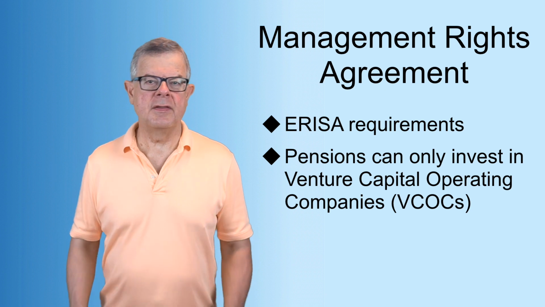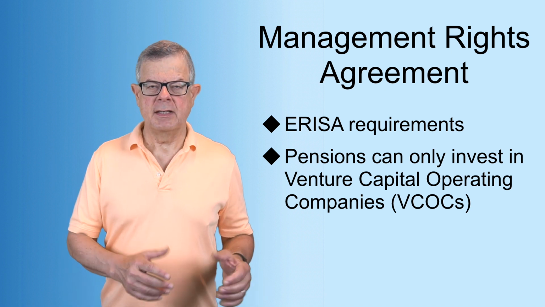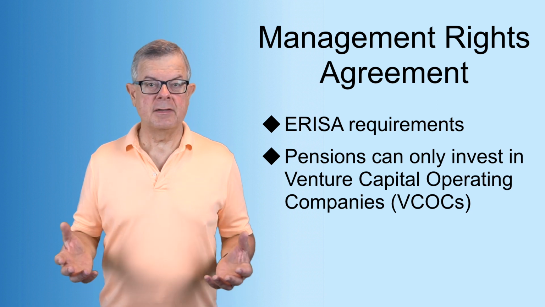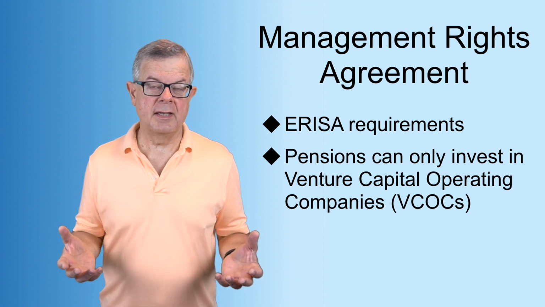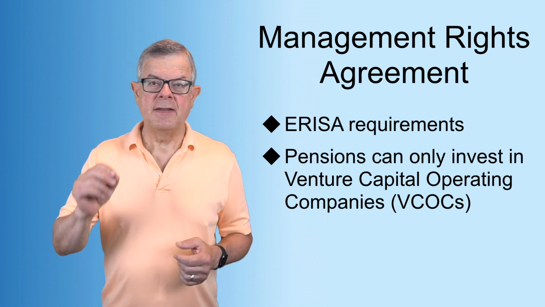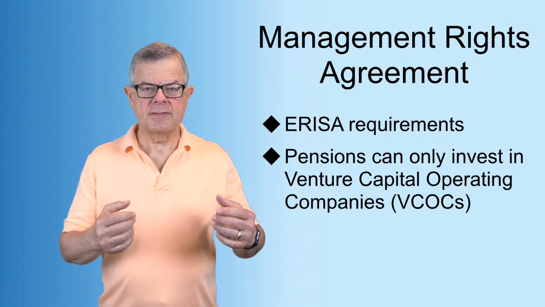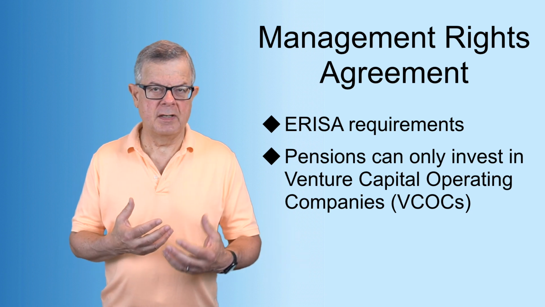We mentioned earlier the management rights agreement. That's not one of the documents that is part of the Series Seed standard set, but it's something that's referred to in the Series Seed documents and is a very common thing in an equity investment round. This basically applies to an investment fund investing in the round that has pension funds investing in it.